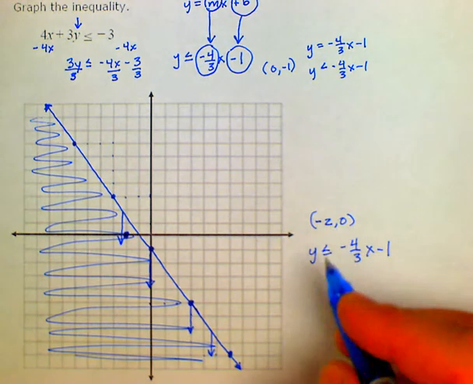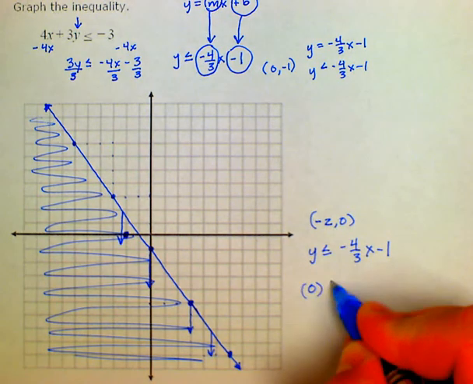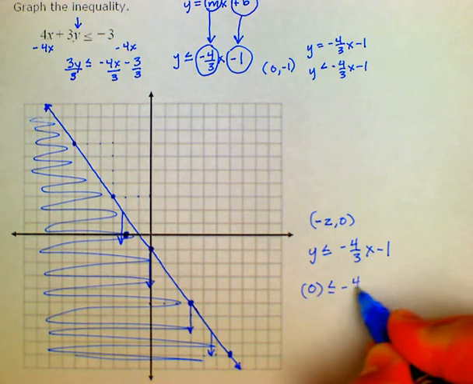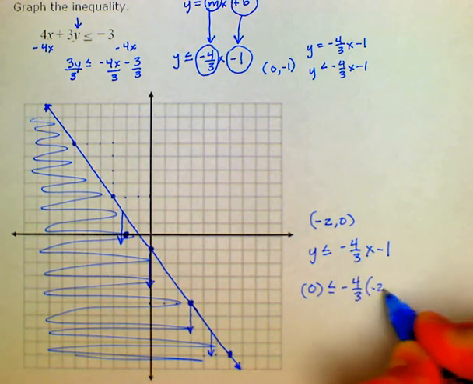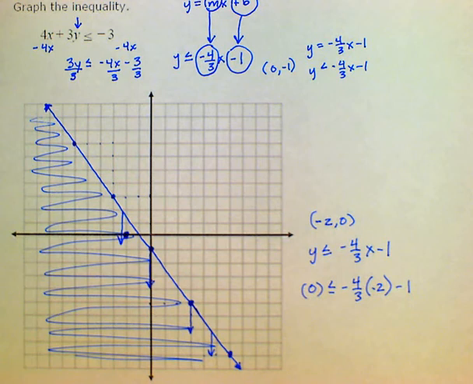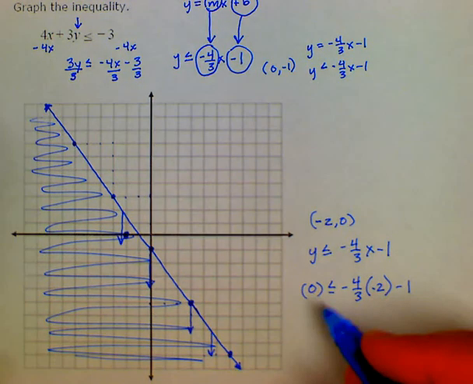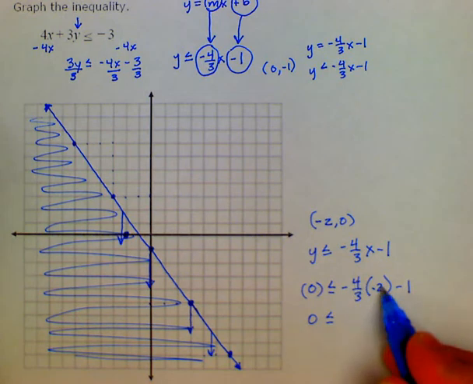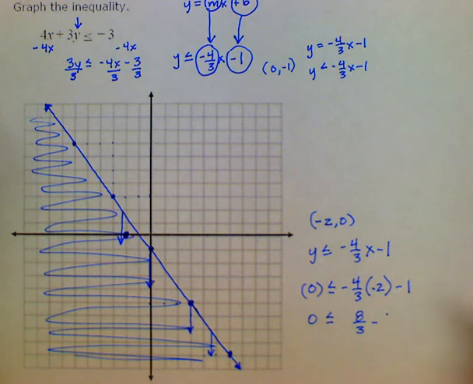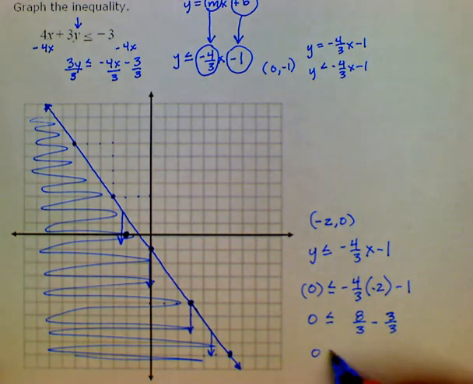Let's plug in 0 for y and negative 2 for x. And that gives us 0 is less than or equal to negative 4 times a negative 2, which is a positive 8/3, minus 1. 1 can also be expressed as 3 over 3 so that we have common denominators. 0 is less than or equal to 5/3, which is true.